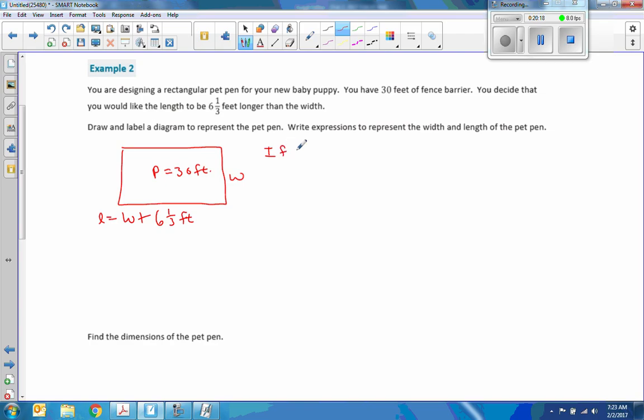So if the width is W, then the length is W plus 6 1/3 feet. Okay? Find the dimensions of the pen.